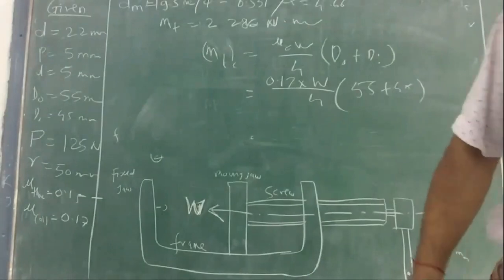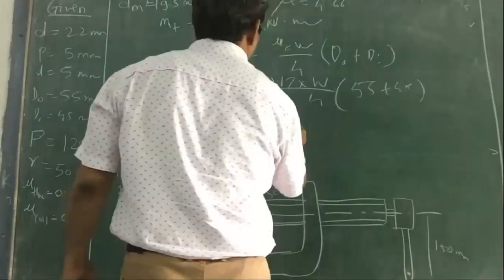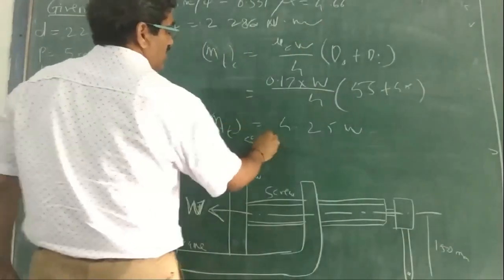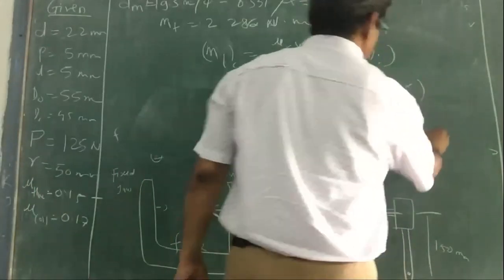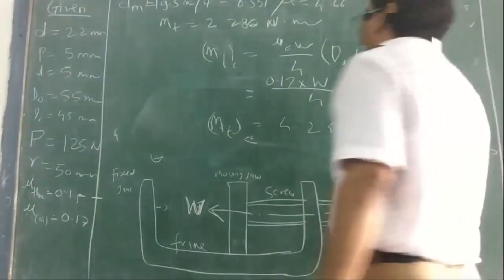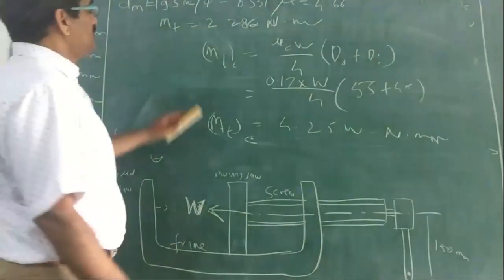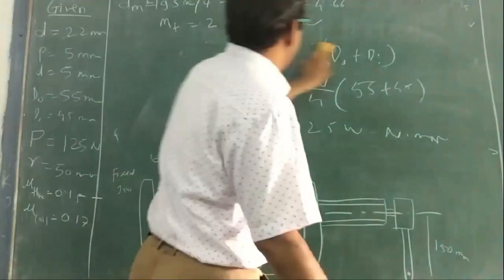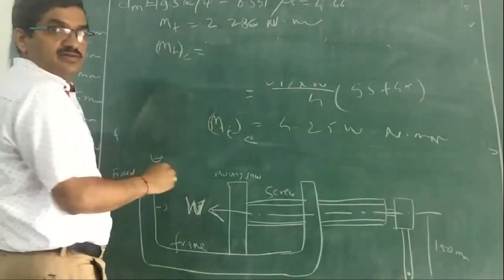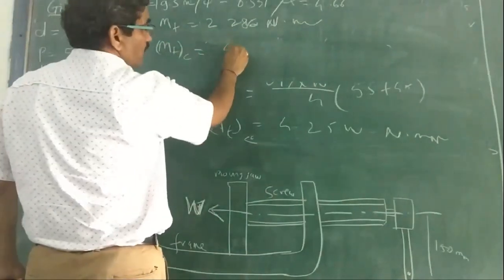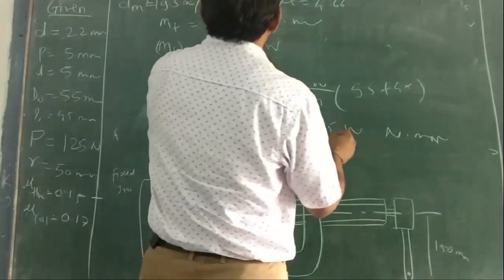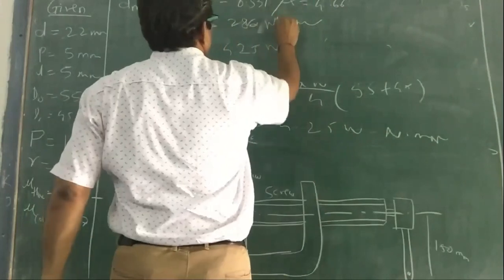So we will get 4.25 W. This is 4.25 W Newton mm. So we write MTC as 4.25 W Newton mm.